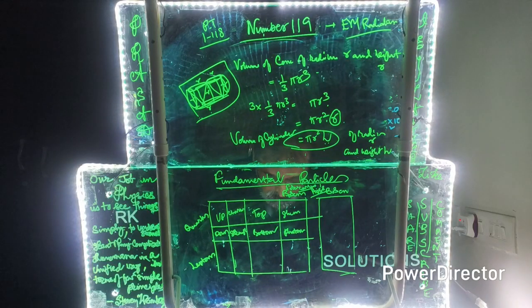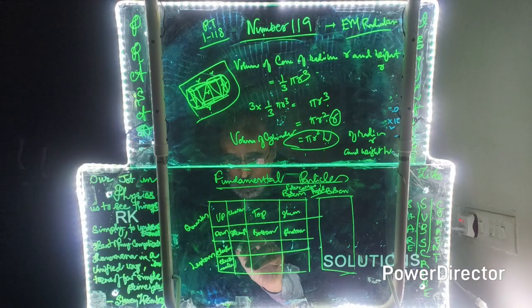So the Z boson here, we haven't completed the table yet. This is the electron, electron neutrino. Then we have muon, muon neutrino.